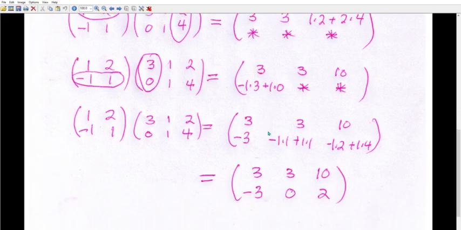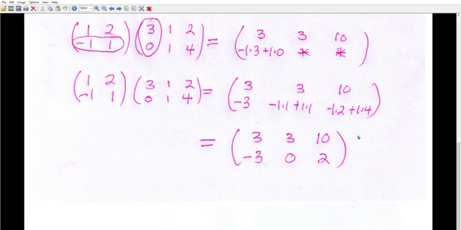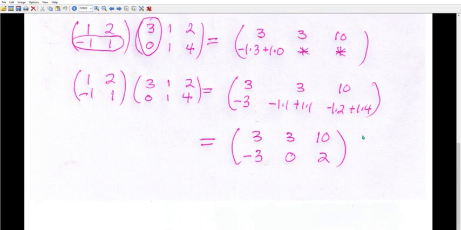And now to finish here, we need the 2,2 entry, and that's the second row dotted with the second column, minus 1 times 1 plus 1 times 1. And finally the second row dotted with the third column gives us minus 1 times 2 plus 1 times 4, and we have finally the matrix 3, 3, 10; minus 3, 0, 2, which is the product.